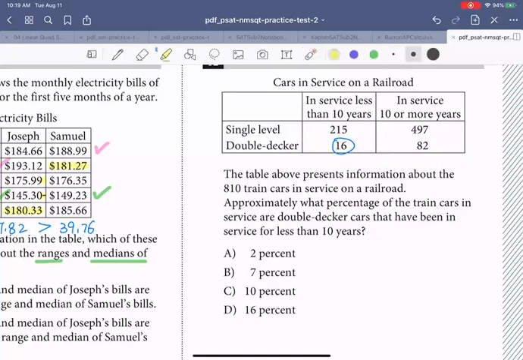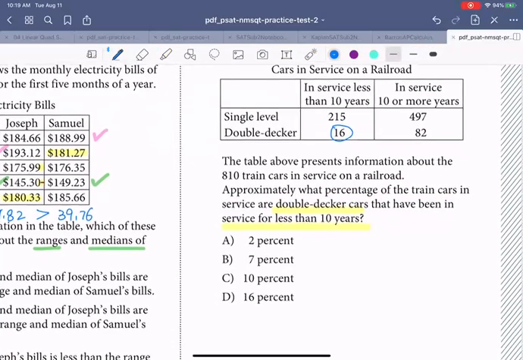Yes. Let's read over here. Approximately what percentage of the train car? This one is normal. There's nothing special here. But they say double-deck cars, okay, that have been in service for less than 10 years.